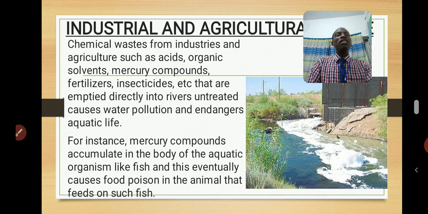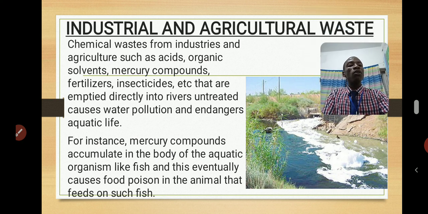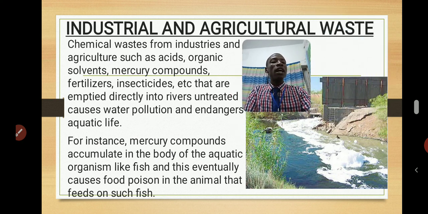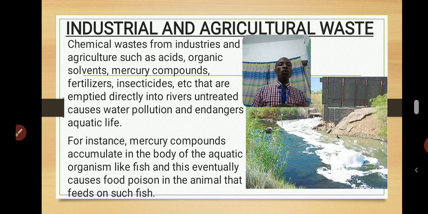The next one is industrial and agricultural waste. Chemical waste from industries such as acids, organic solvents, industry that produce all these chemicals, mercury compounds, and in the agricultural sector, the fertilizers and the insecticides that we are using to kill the pests in the farm.